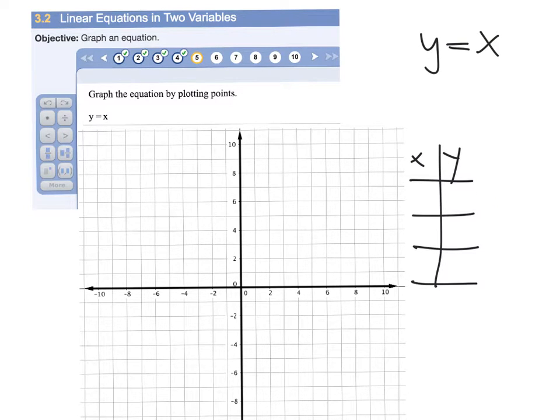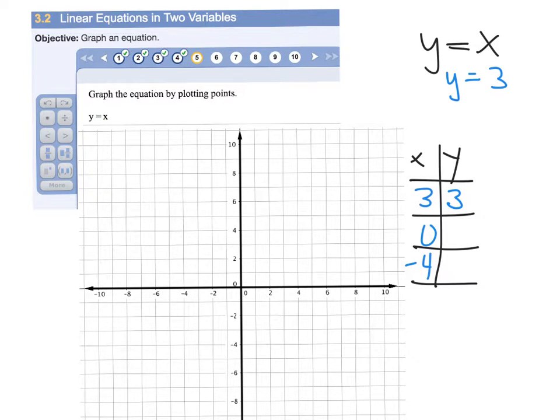And so if we want to choose some values for x, we can choose 3, 0, and negative 4, all right? And I just randomly chose those values because here's the really cool thing. If x is equal to 3, that means y is also equal to 3. So it doesn't get any easier than that. So y is also equal to 3.